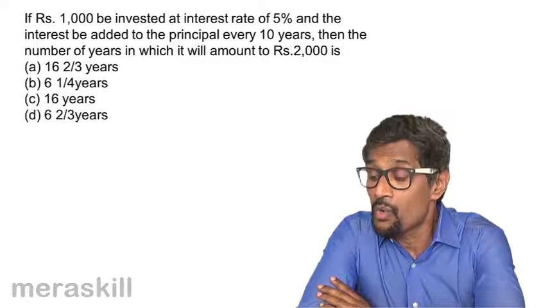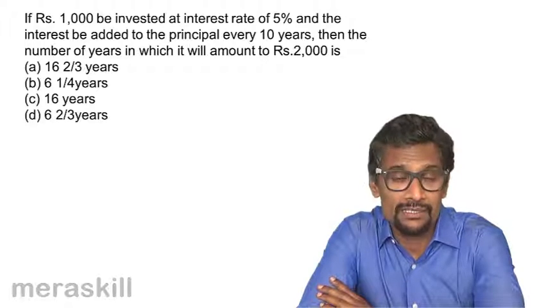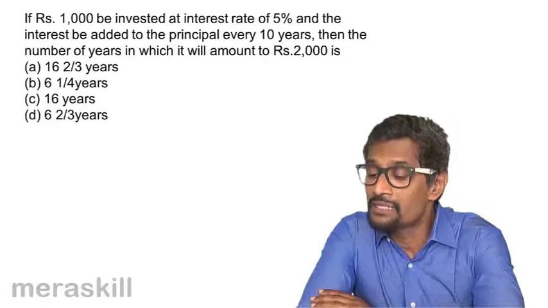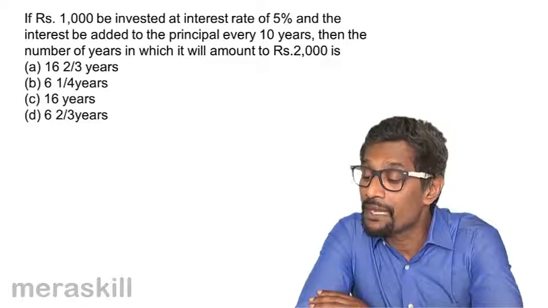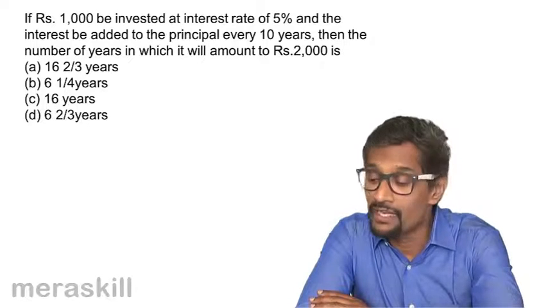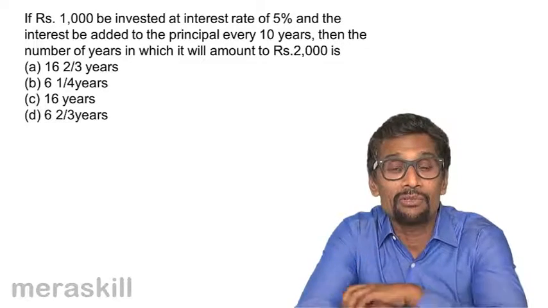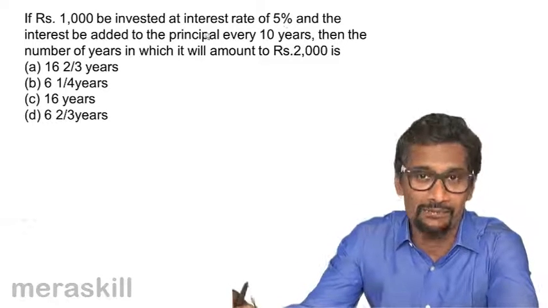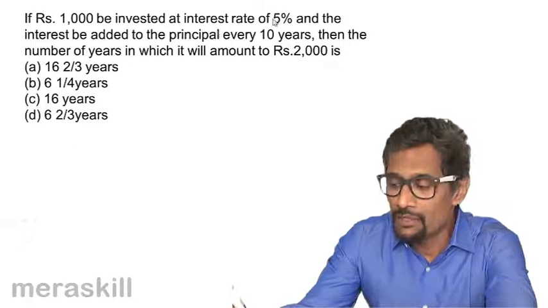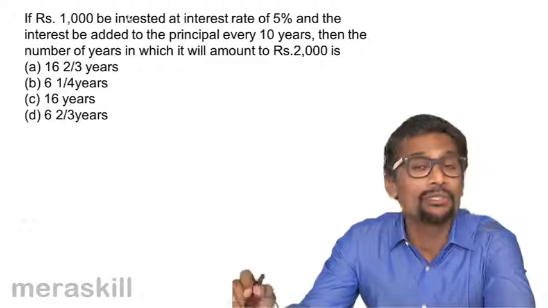years. Now a candidate should not take it this way, that it's only at the end of 10 years that 5% will be calculated. It means that for every 10 years interest will be calculated at 5% per annum, but it will not be added to the principal.